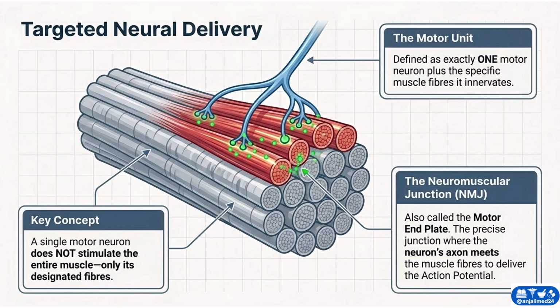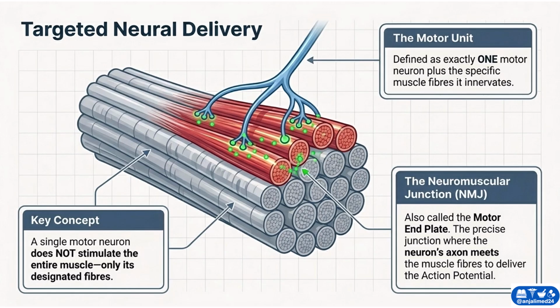Another important principle is motor unit recruitment. As the demand increases, the nervous system activates additional motor units. This allows the muscles to generate graded contractions instead of an all-or-none response.